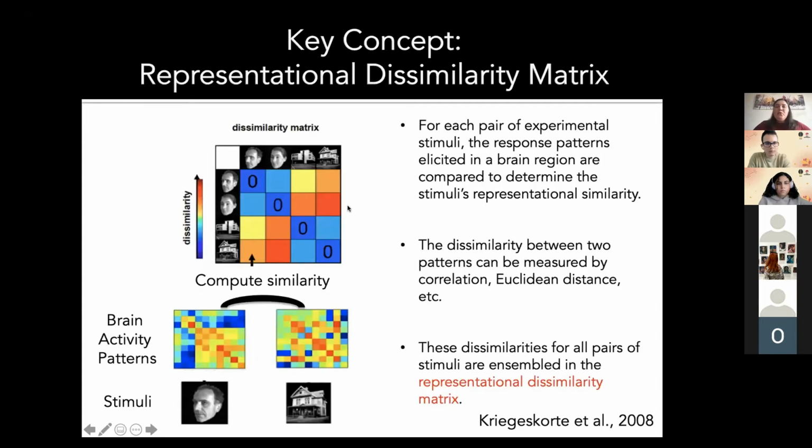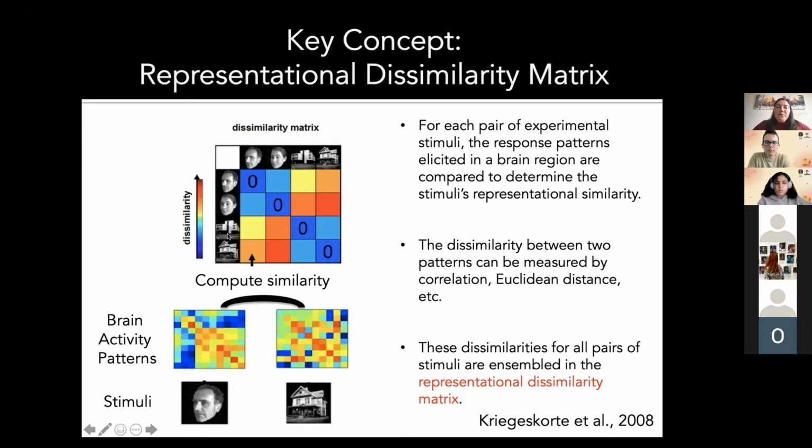And then you construct what's called a dissimilarity matrix. For each pair of stimuli, for example faces and houses, you have your voxel patterns, and you compute their similarity. This can be Euclidean distance, correlation, and there are many metrics that allow you to compute the similarity.